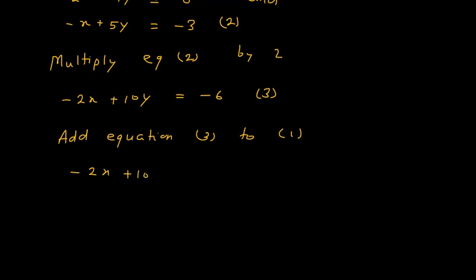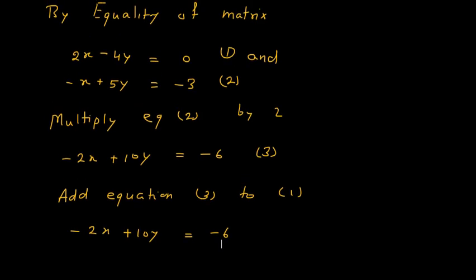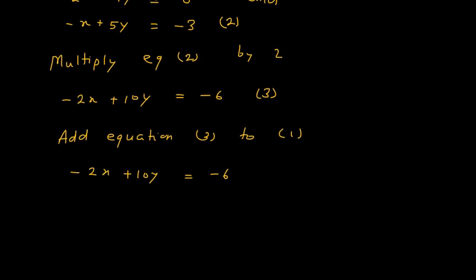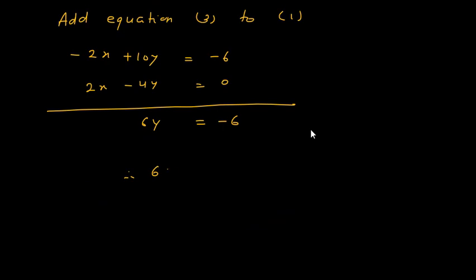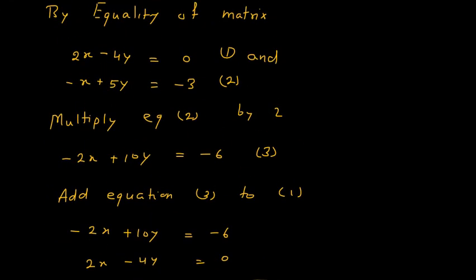Equation 3: minus 2x plus 10y equal to minus 6, and equation 1: 2x minus 4y equal to 0. When we add, 10y minus 4y gives 6y, and here it is minus 6. So it will give us y is equal to minus 6 upon 6, that is minus 1. So the value of y is minus 1.